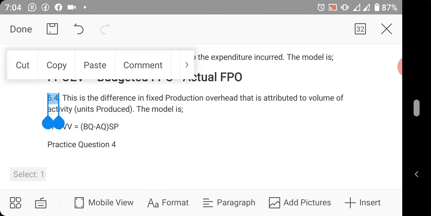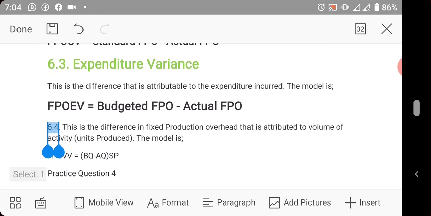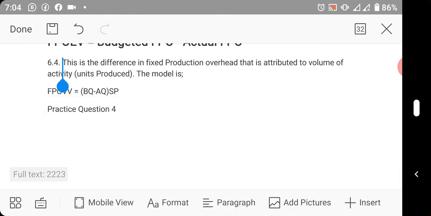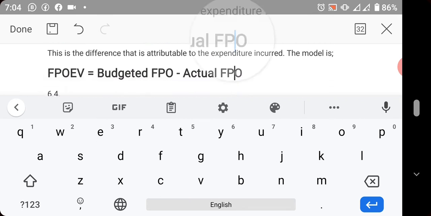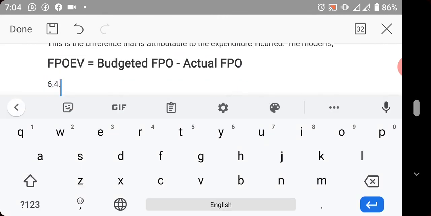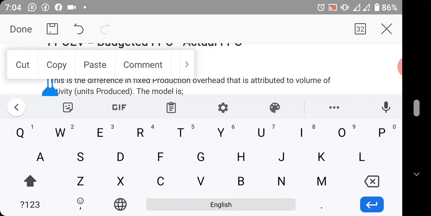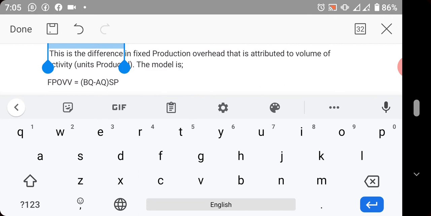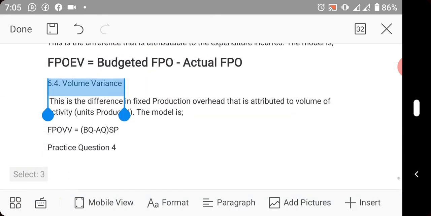So we'll now be looking at this. Please just bear with me.